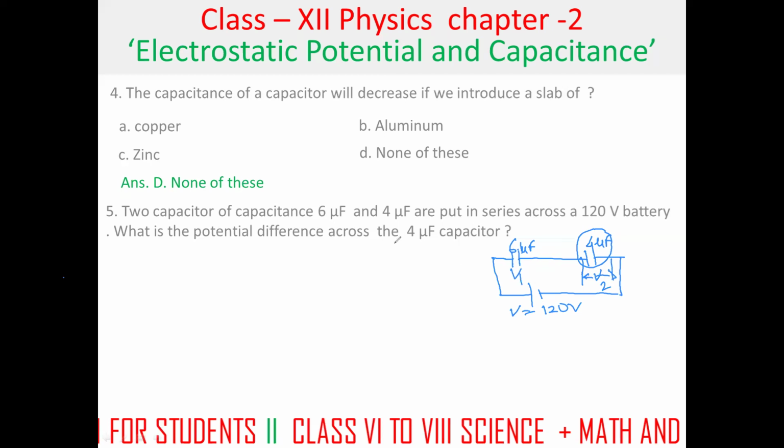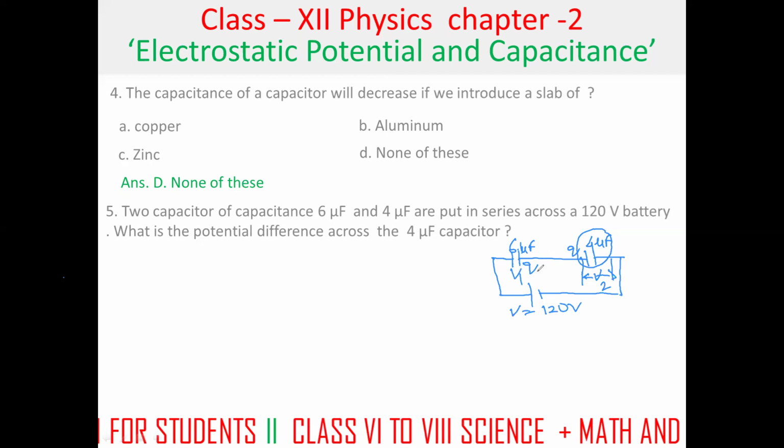Now how will the calculation be done? See, as it is a series connection, the charge here is Q, and here also it is Q. So the charge is constant. Now if the charge is constant, how do you find the voltage across this?